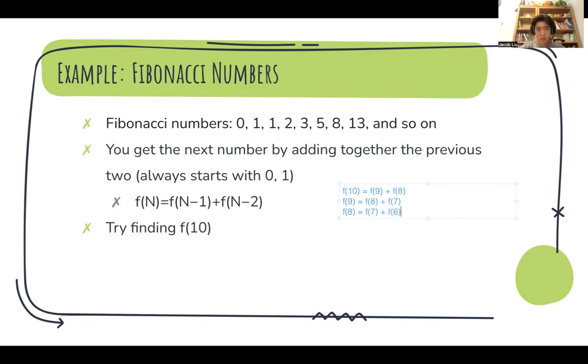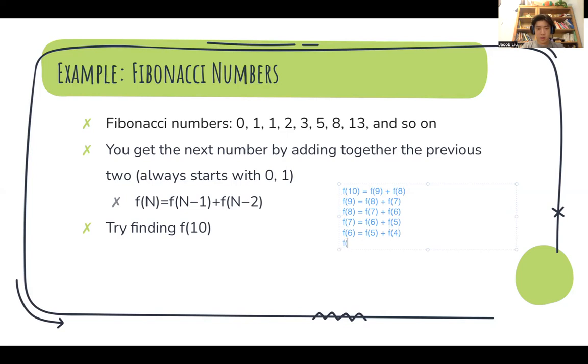f of 7 is equal to f of 6 plus f of 5. f of 6 is equal to f of 5 plus f of 4.